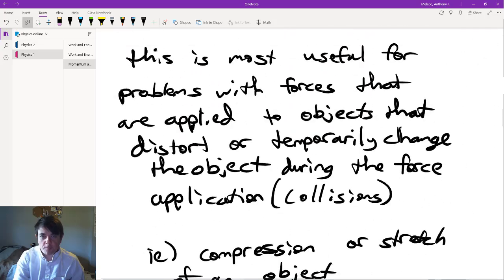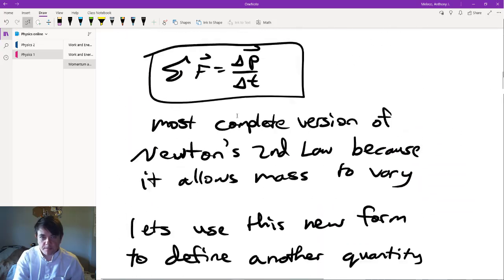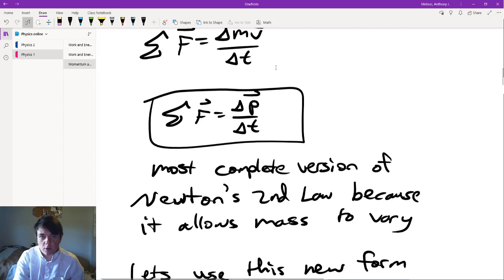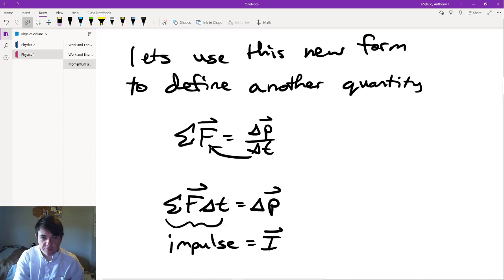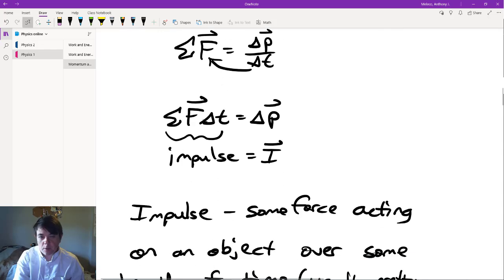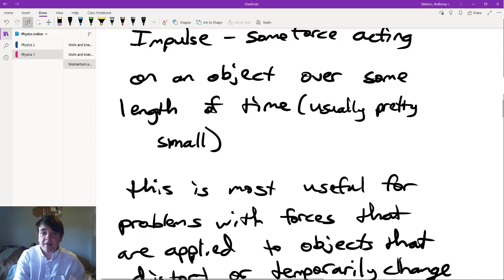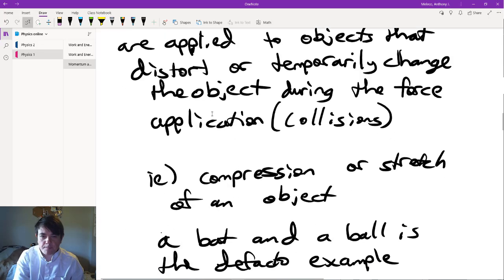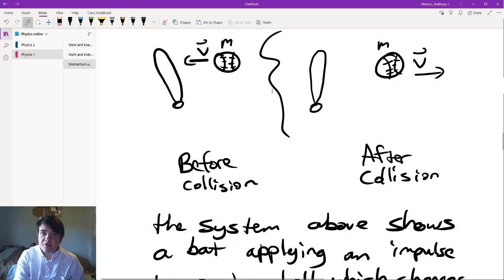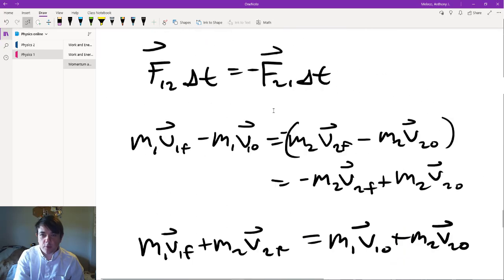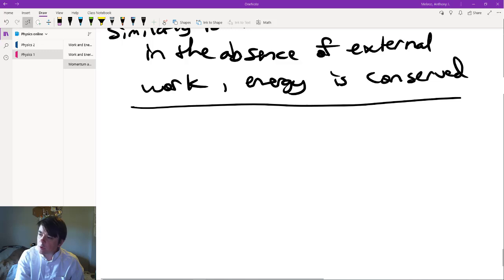So far, we've defined momentum, mass times velocity. We have talked about impulse. We used the momentum definition and Newton's second law to get a definition of impulse, which is just some force acting over usually a very small time. We talked about why that's useful, and then we said that there's momentum conservation. Now that we're basically saying this stuff is useful for collisions, let's learn the types of collisions. So what collisions are there?